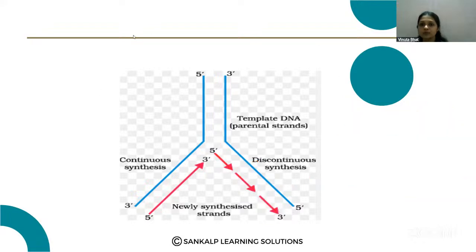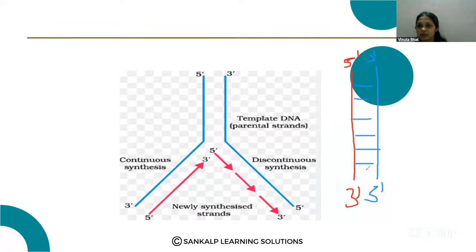Now look what happened. Here is a new strand, and the parental strand is 5' to 3', right? So another strand is synthesized. So that is also in this direction. So that is the 5' to 3' direction. Again hydrogen bonds are formed between the two strands. So one is a parental strand, one is a newly synthesized strand, right?